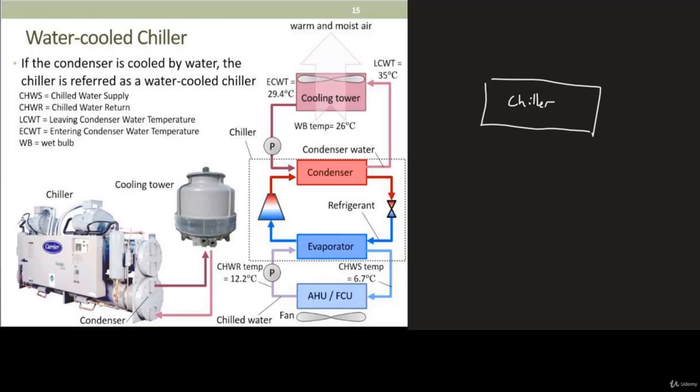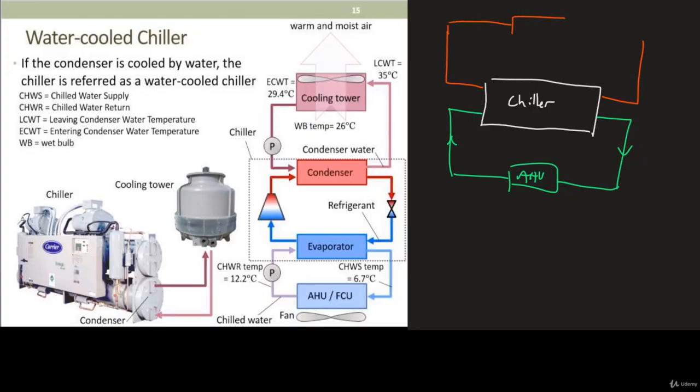What it does is provide chilled water to your AHU and FCU. The difference between the air-cooled chiller and the water-cooled chiller is at the condenser side. For the air-cooled chiller, your condenser is being cooled down by air. As for the water-cooled chiller, your condenser is being cooled down by an additional loop, and we call this the condenser water loop.